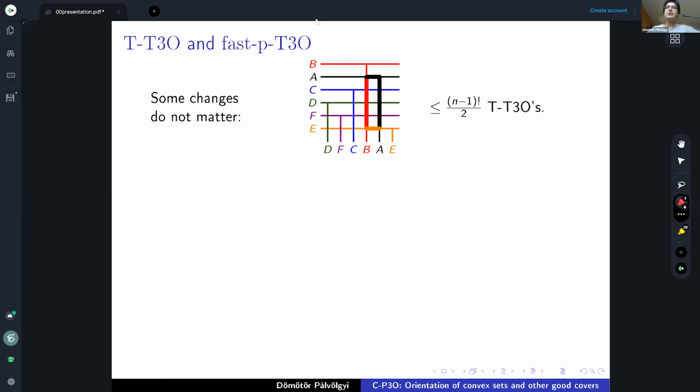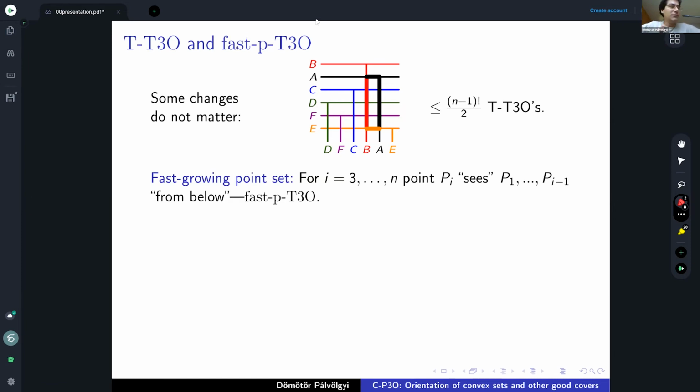And because these T3Os are so nice, it's not hard to show that there aren't too many of them. So even by a basic counting argument, you get that there is a point set that's not realizable by a T3O. But T3Os are so nice that we could even give an equivalent characterization of those point sets whose order type is realizable as a T3O. So I have to define what a fast growing point set is.